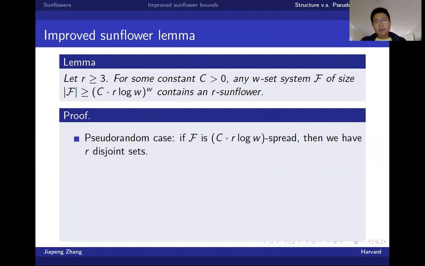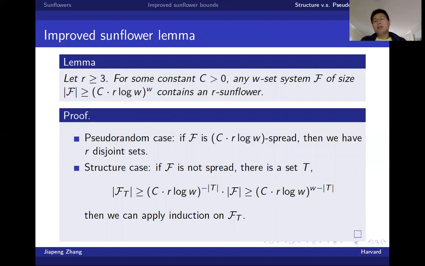If not, then by definition there is a T such that the size of the link F_T is very large, at least (C times r times log w)^(w minus |T|).